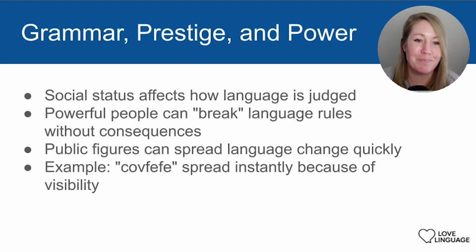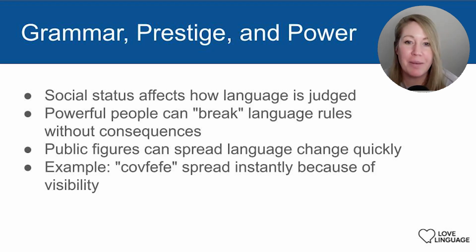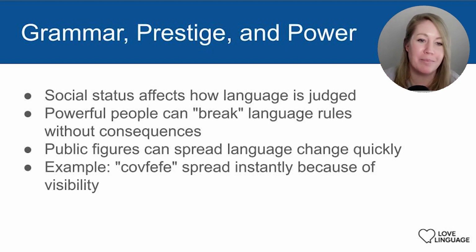So let's now connect this to this idea of power and prestige. If someone like Elon Musk makes a grammatical mistake, and I put mistake in quotes, does it really matter? Not much, because his social position kind of protects him, right? But similarly, when Donald Trump tweeted the word, I think they're saying "kofefe," I think is how they're pronouncing it, people didn't just ignore it; they analyzed it, joked about it, and they started using it, and it really spread immediately.